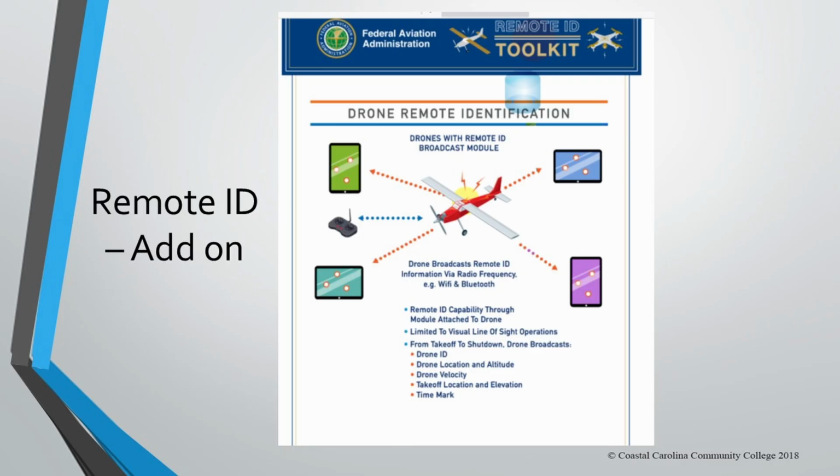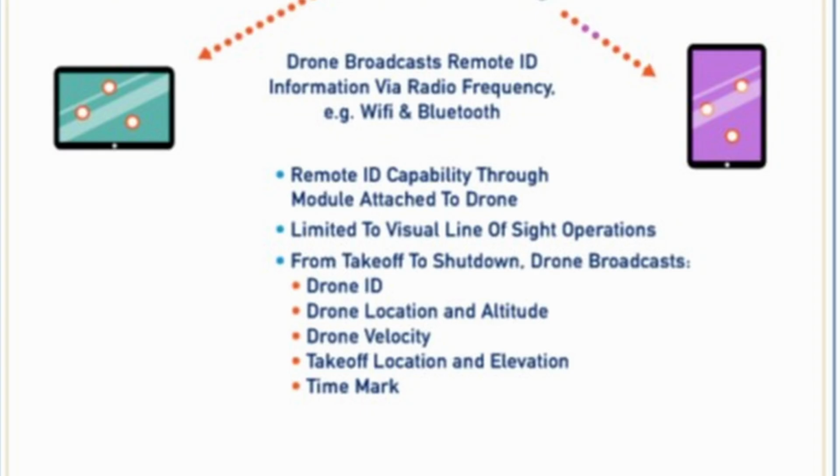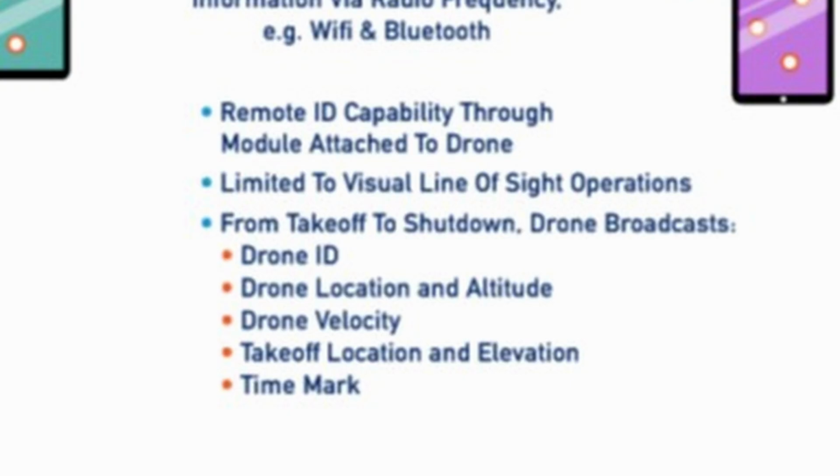Now, if your drone does not have a built-in remote ID capability, then you need to attach an add-on module to meet the requirements for remote ID. That module will provide remote ID capability through the module attached to the drone. It is limited to visual line of sight operations.